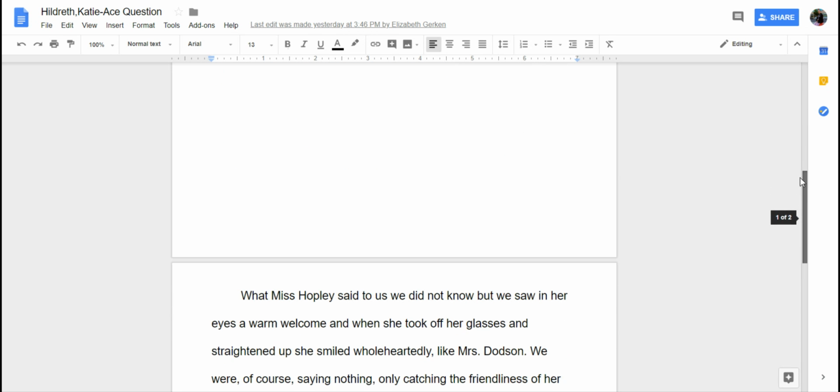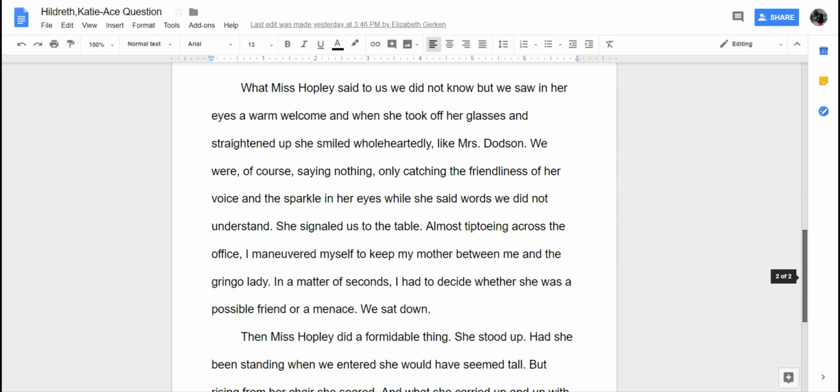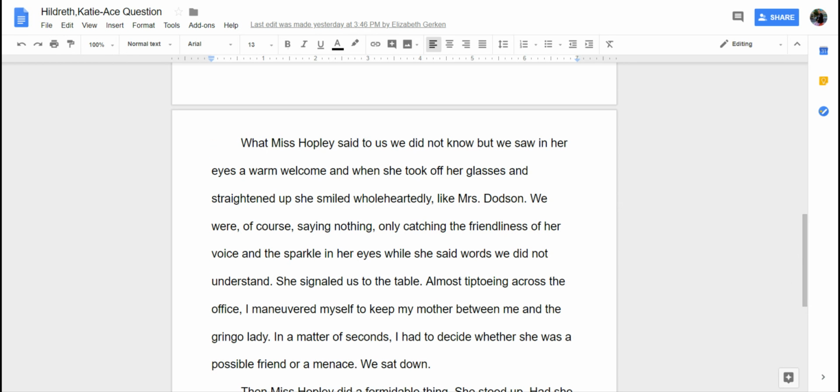So if you look, it's on the back side, 2 paragraphs from the story. What Miss Hopley said to us, we didn't know, but we saw in her eyes a warm welcome, and when she took off her glasses and straightened up, she smiled wholeheartedly.